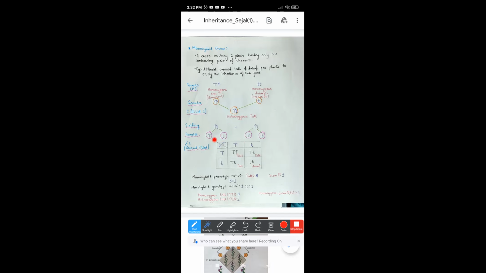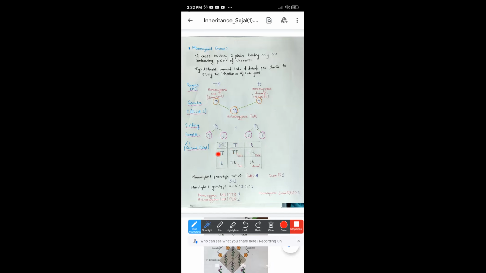When these are crossed in a box, we call this square a Punnett square. We write the two genes we have, one capital T and one small t, on each side. Now we cross them.